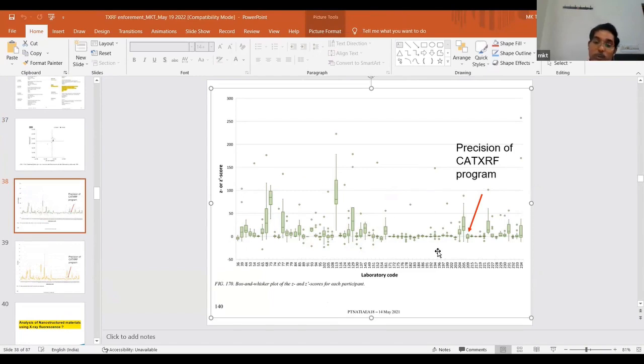That's why we could not, because we were using PyMCA software. PyMCA is good software, but if you consider too many things, if you put L alpha, L beta, there are several options. You can allow some peaks, you can allow the K beta peaks, you can allow overlapping.